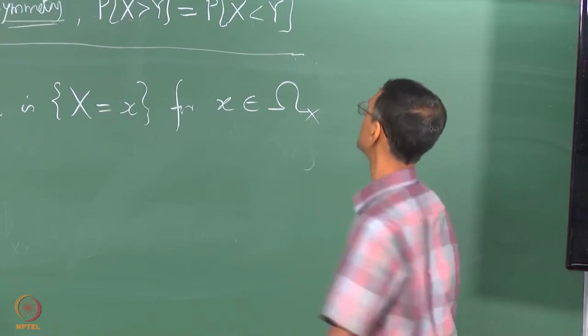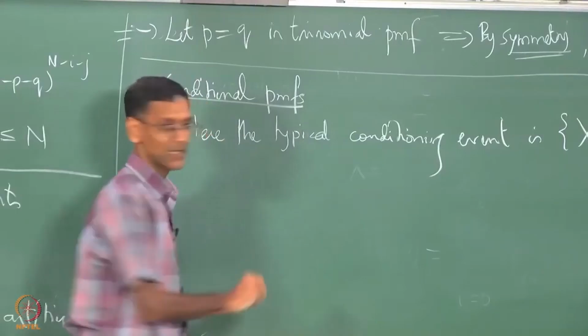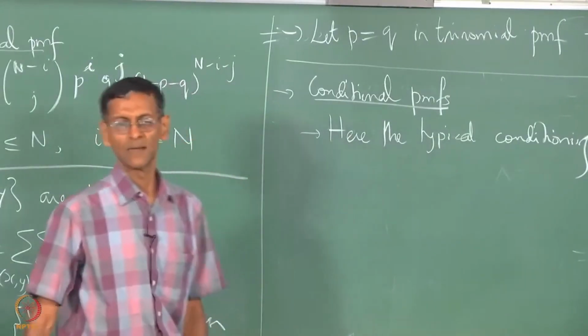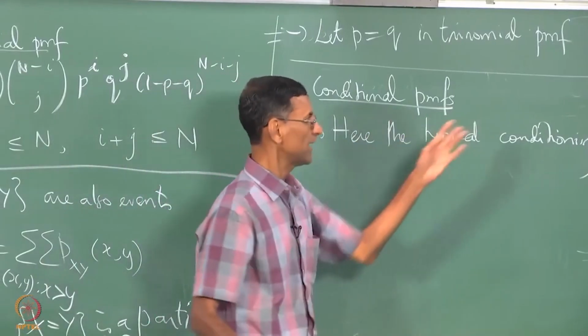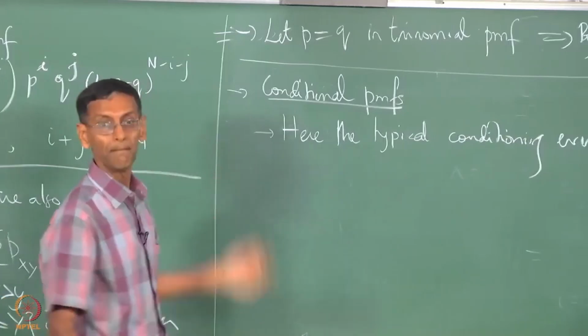So you define, here I am talking of the situation involving two random variables, like this is what we take, or of course Y equal to y is also equally typical.